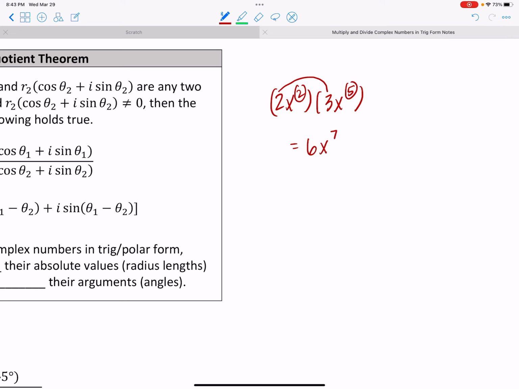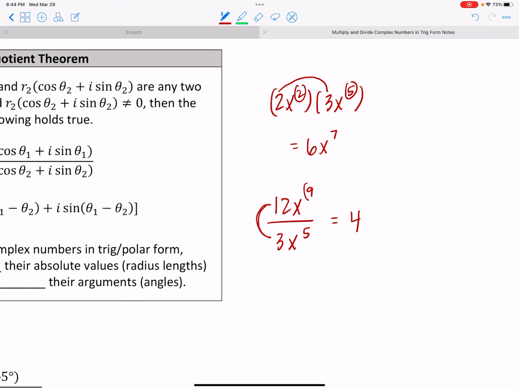That's what we saw with the product theorem for multiplying the complex numbers, the same two operations connected, multiplying the radius lengths and then adding the angles. So if I was thinking about exponent rules and division, so a quotient theorem, which we're going to look at next, if I was dividing, let's say 12x to the 9th by 3x to the 5th, then it's a division problem, so I'm dividing, but that division happens again with those coefficients, so I'd get a coefficient of 4.